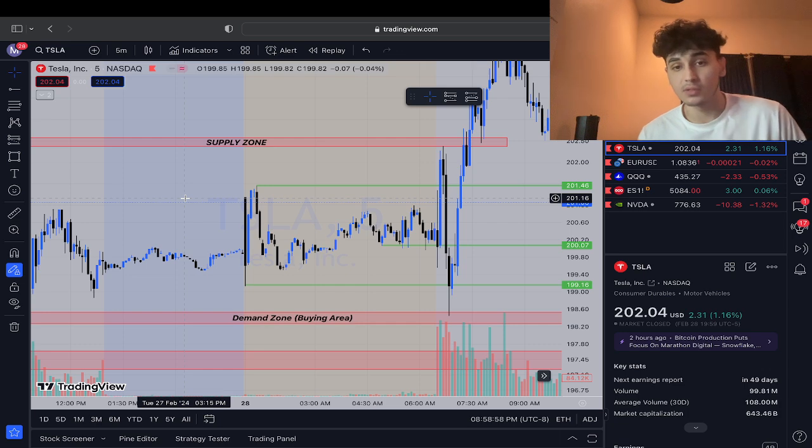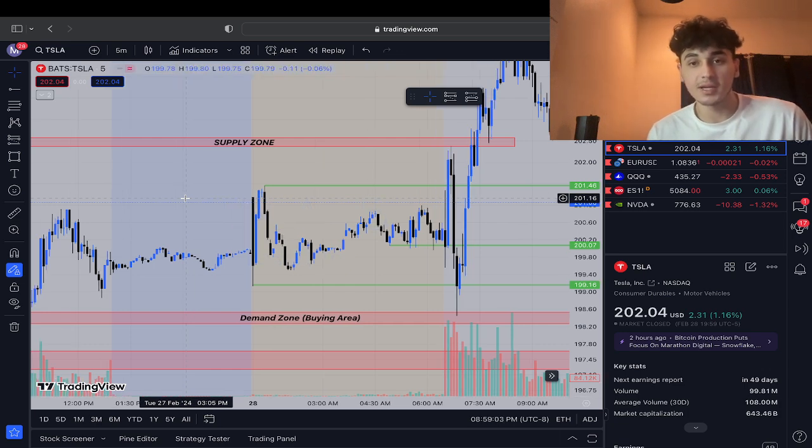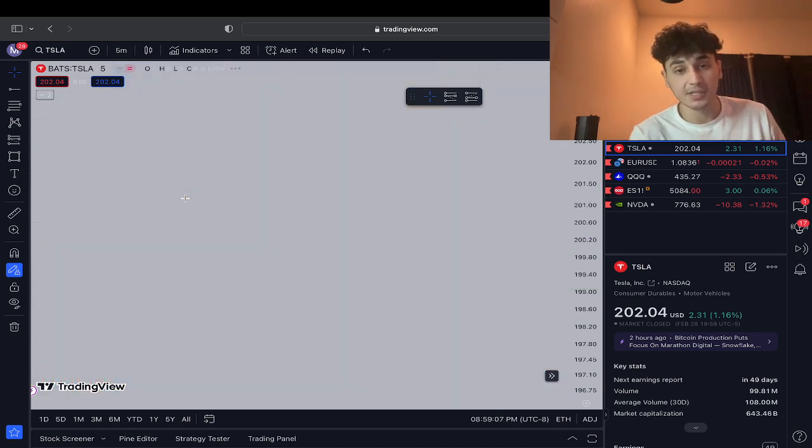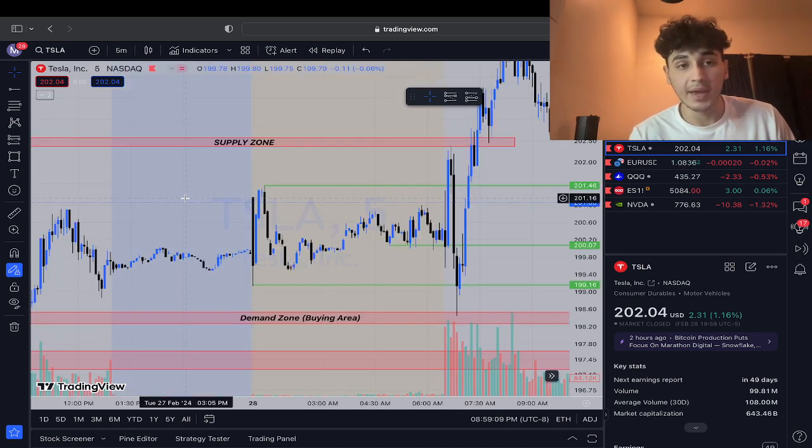Because obviously we'll see price doing its thing on the chart. Sometimes it'll be consolidating, sometimes it'll be slowly moving to the upside or slowly moving to the downside. But the way that we can best catch those solid trades with good momentum is by trading with supply and demand.